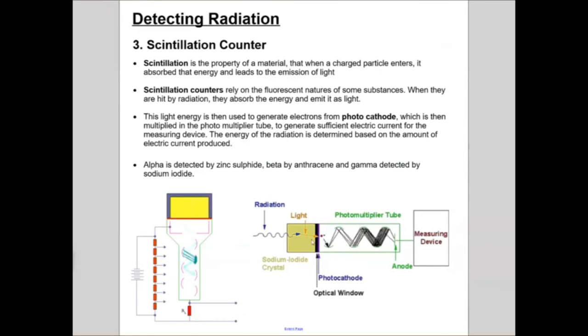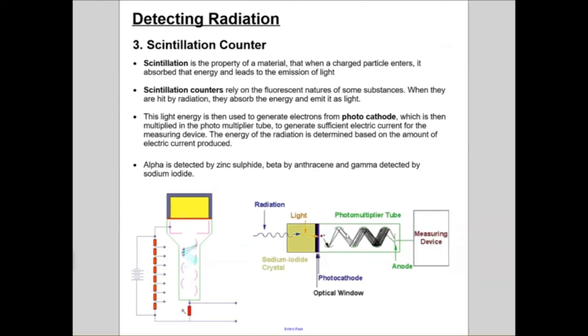Now, I will explain the working of it, although it's quite technical, but you do not need to go much into the detail. This light ray propagates to the photocathode. And when this light ray is incident on this photocathode, electrons are produced.